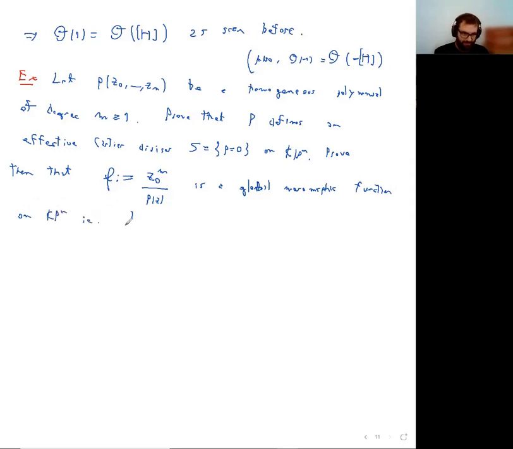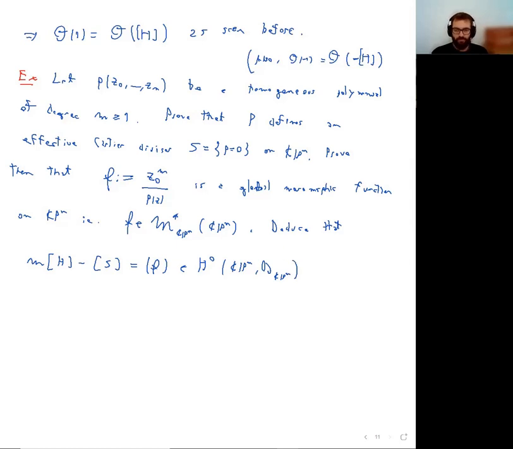So meaning really that F is in M(CPN)*, the nonzero meromorphic functions on CPN. And from this, deduce that M times H, so this is in divisor notation, minus S is equal to the divisor of F in the world of divisors on CPN.